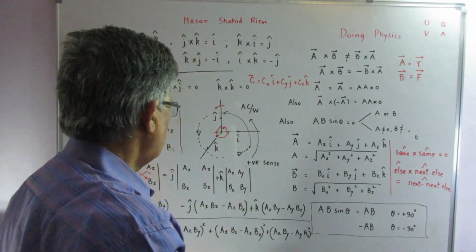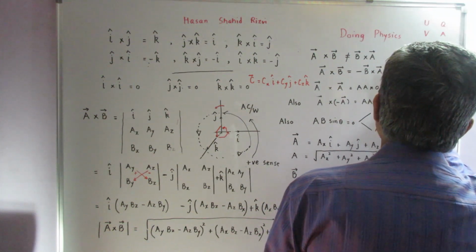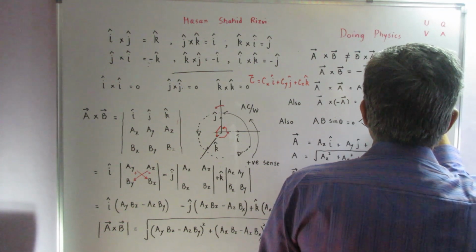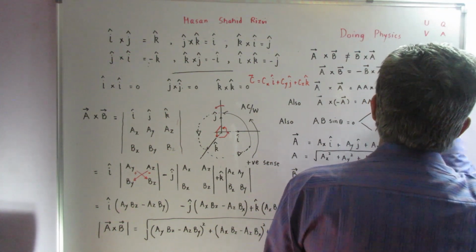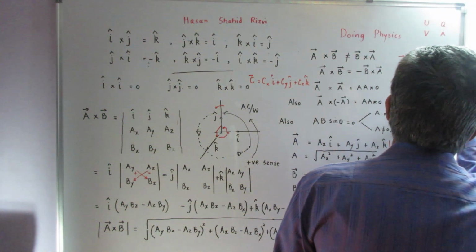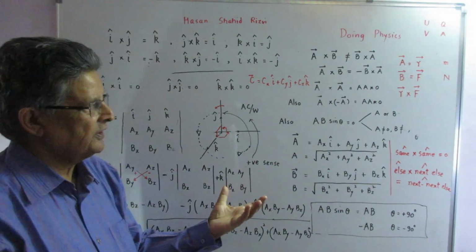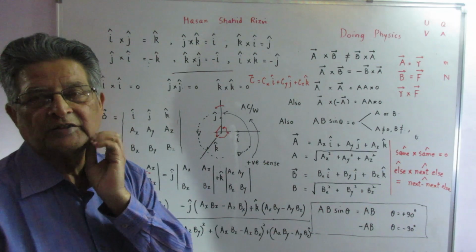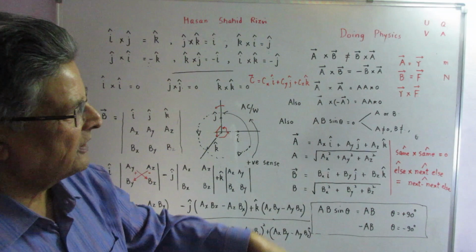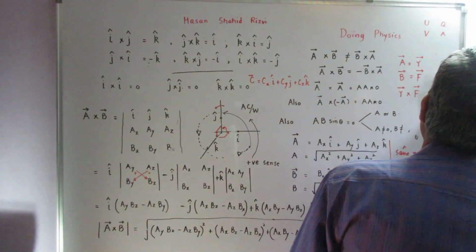I can define R cross F as an application. Now this R is in meters and this F is in newtons. So R cross F I can calculate the same way, and this is nothing but the torque that we will come to in two-dimensional motion, and the unit will become meter Newton.